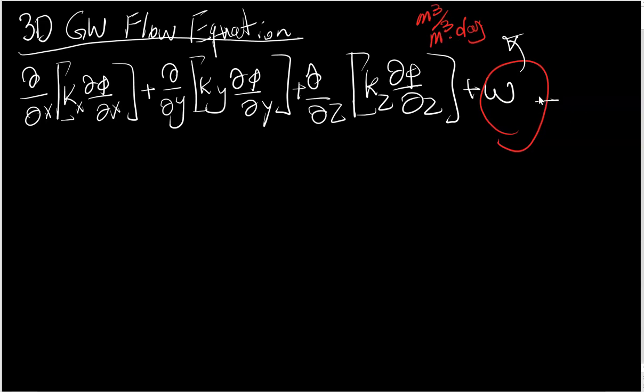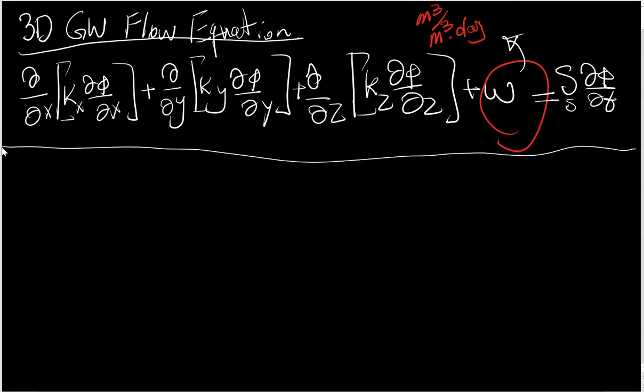And on the right hand side, we can write the accumulation term using the specific storage term times partial phi partial t. So this was a pretty comprehensive form of the groundwater flow equation in the 3D system.